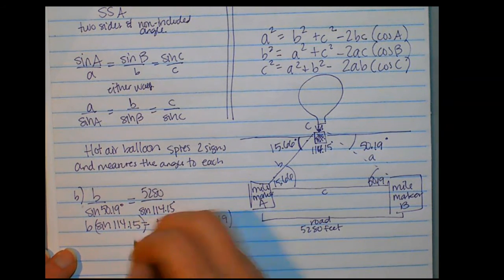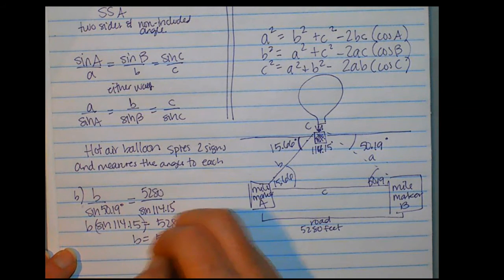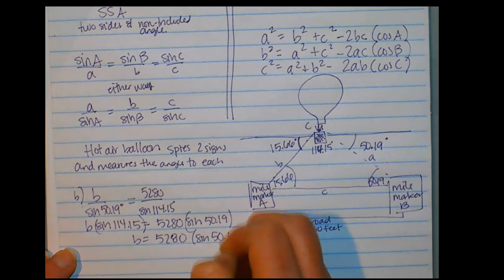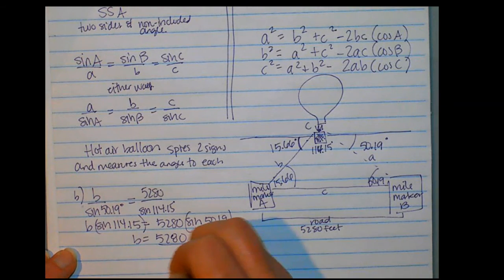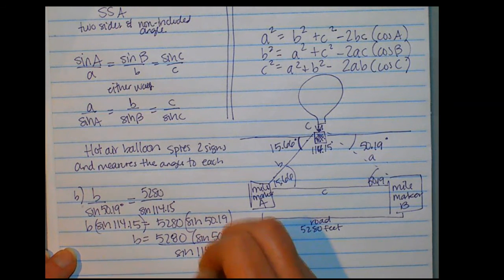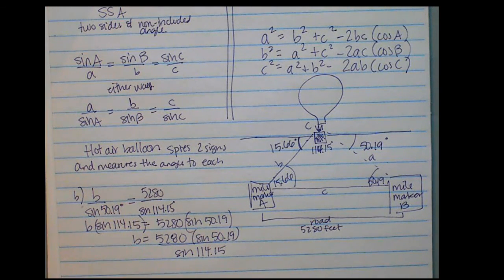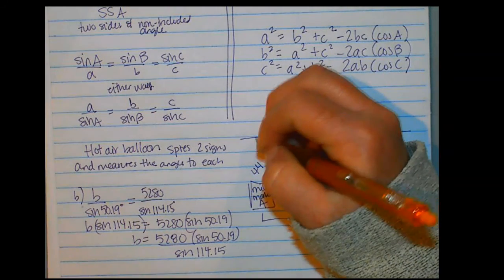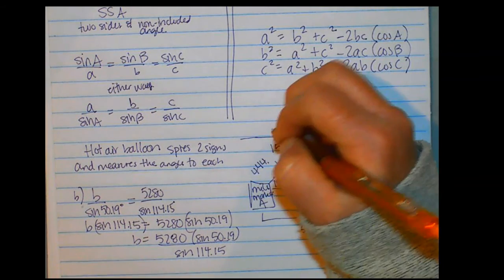And so I could actually solve for B now. I could put this all in the calculator in one fell swoop because I'm going to divide by sine of 114.15. Almost got it. 4,444.98.